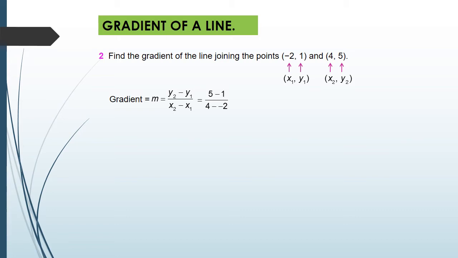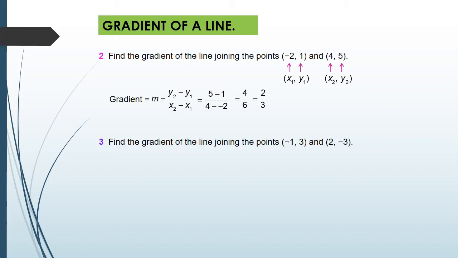We substitute into the formula and we have 5 minus 1 all over 4 minus minus 2. 5 minus 1 gives us 4. 4 minus minus 2 gives us plus. When the signs are different, we add up. So we have 4 over 6. To the lowest term, our gradient becomes 2 over 3.